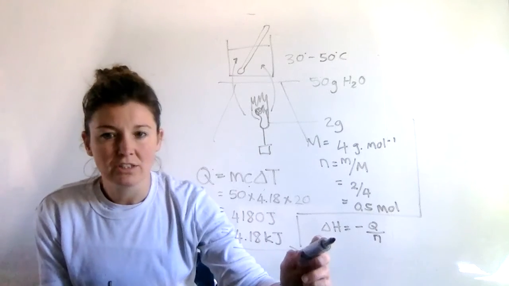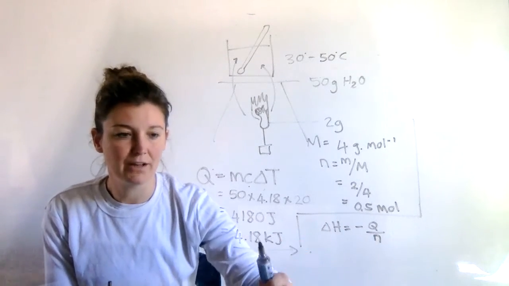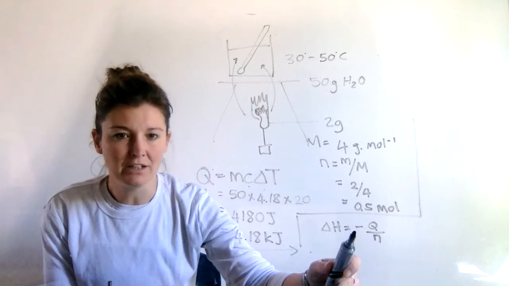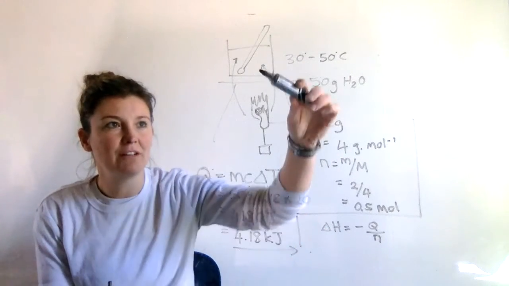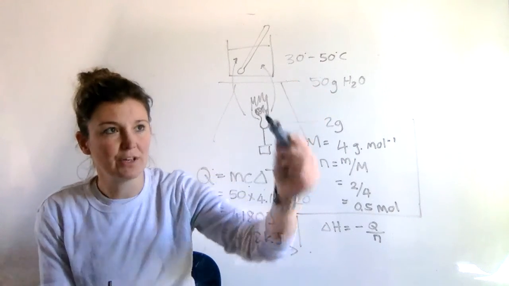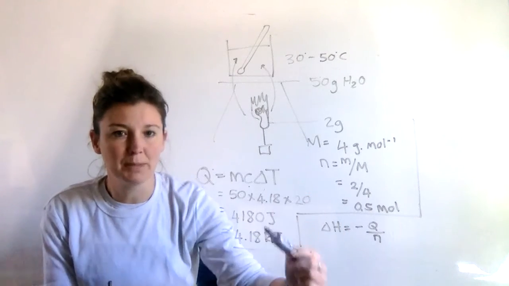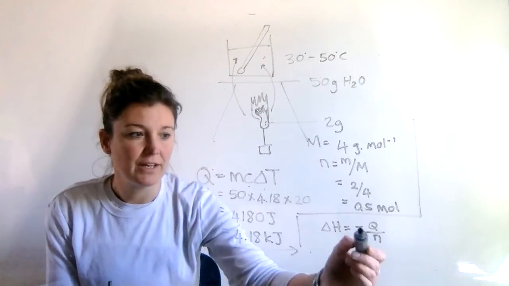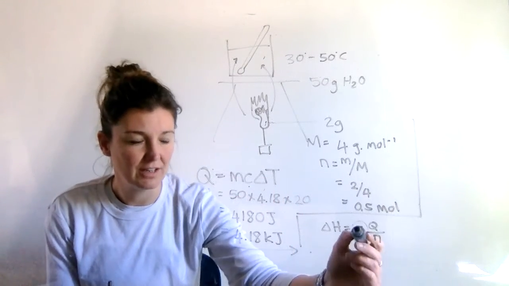Delta H is the enthalpy change, the Q is the amount of energy we've just worked out, and the n is the moles. We put this as a negative because what we've calculated is the amount of energy that went into the water. So if that's gone into the water, we need to do the opposite when we look at the peanut. If that one has been absorbed, the peanut will have released it. Okay, that is just doing the opposite of what we originally did.